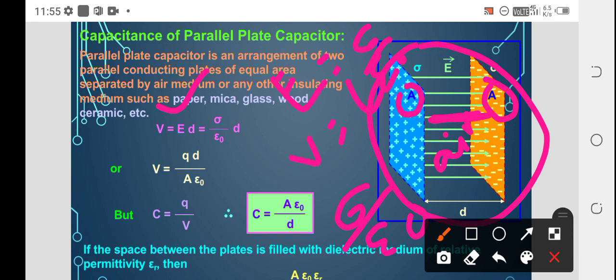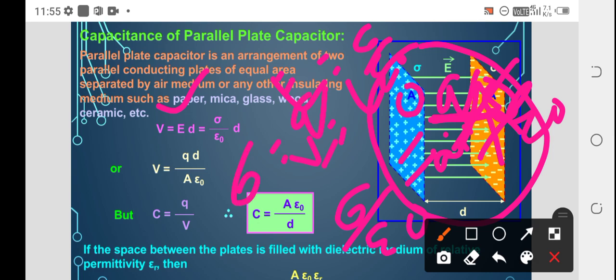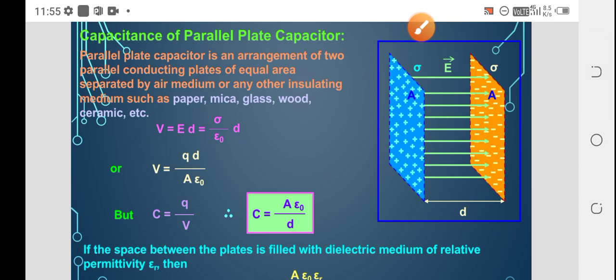Again from Gauss's law, sigma equal to Q by A, so E equals Q by A epsilon naught. Then replacing here, V equal to QD by A epsilon naught.